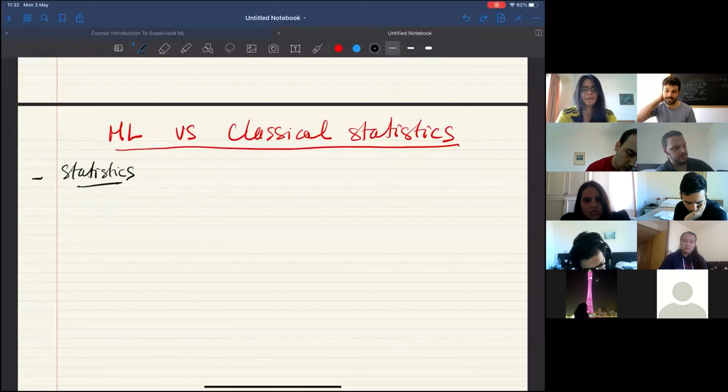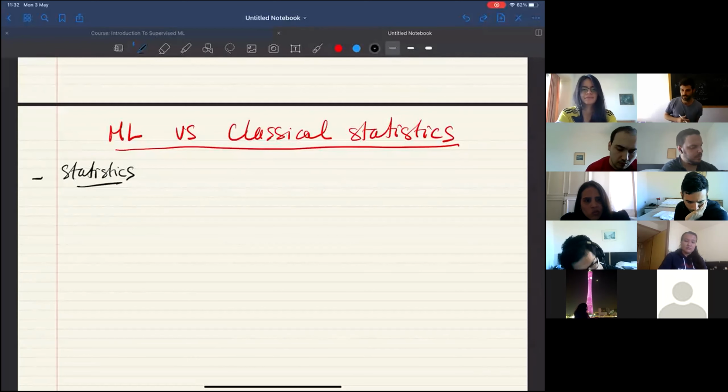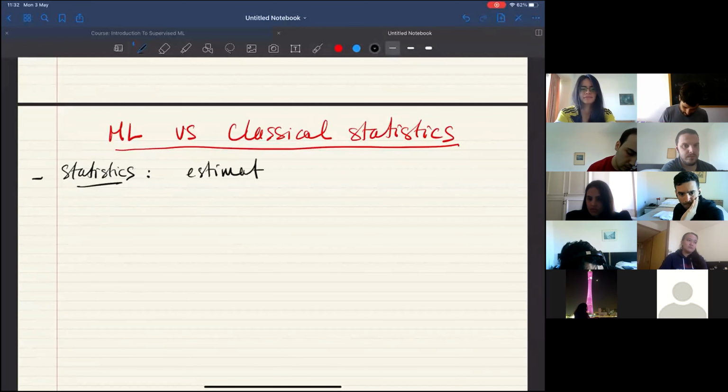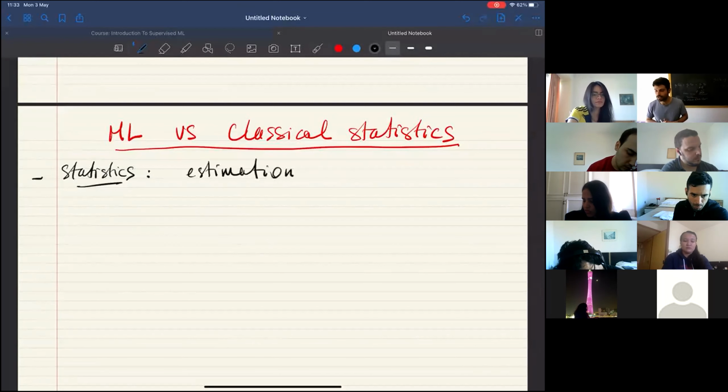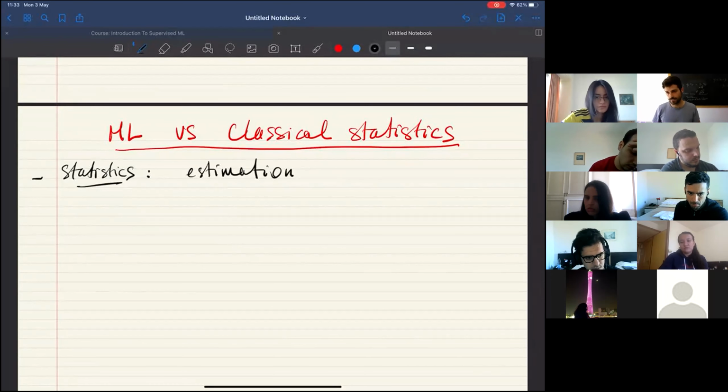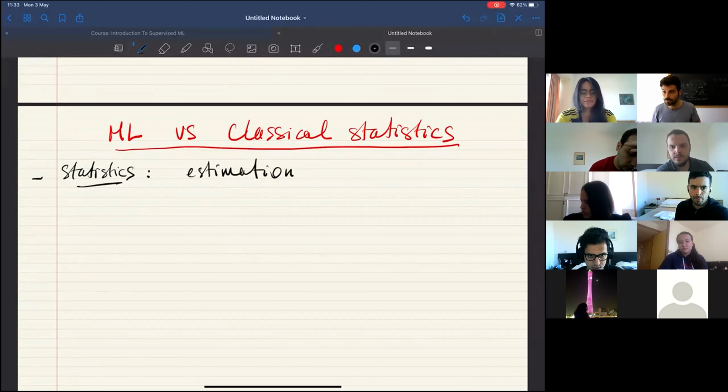So in statistics, the type of questions you are interested in are questions related to estimation. Estimation means that there is some unknown quantity that you are interested in. What you do is gather data which contain information about this unknown quantity.